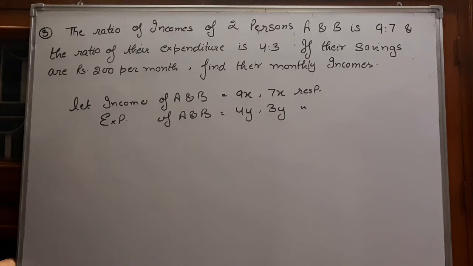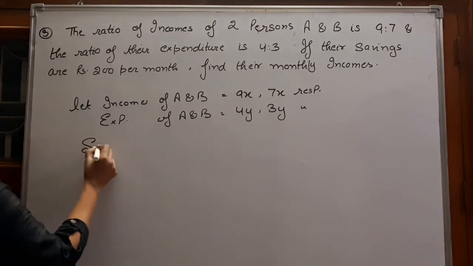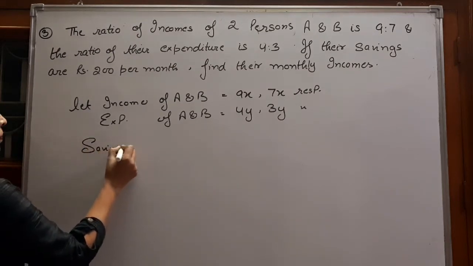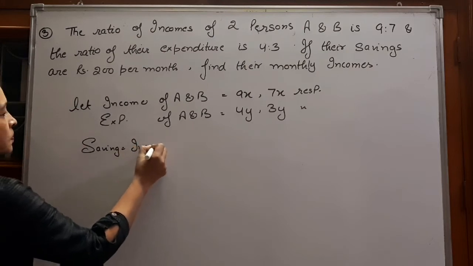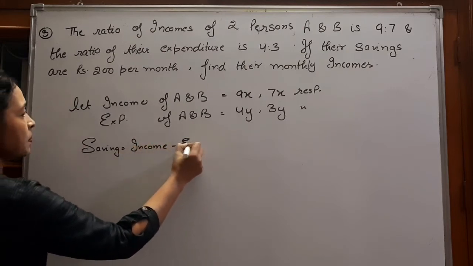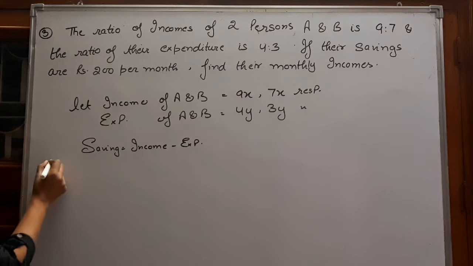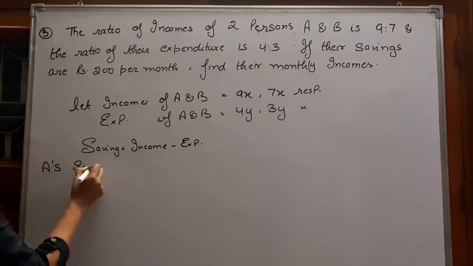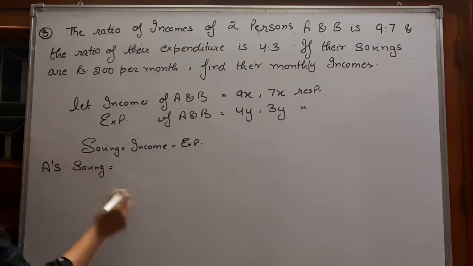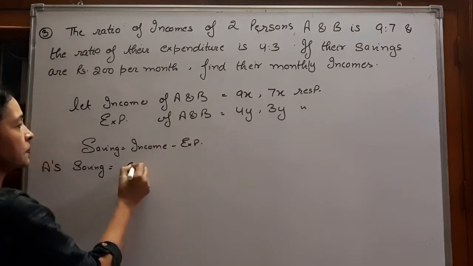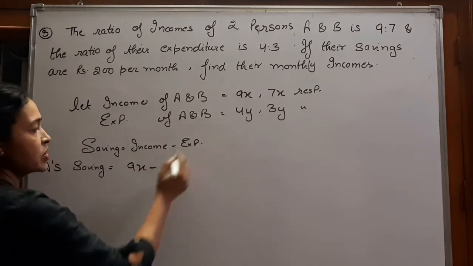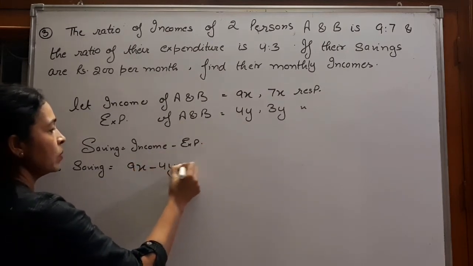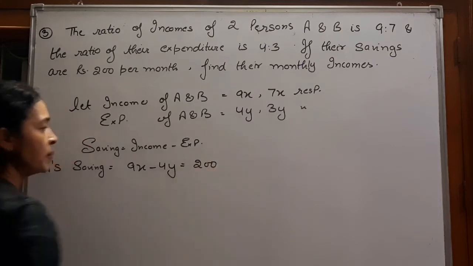Now what is saving? Income minus expenditure is savings. The income of A is 9x, minus expenditure 4y, equals savings of 200 rupees.